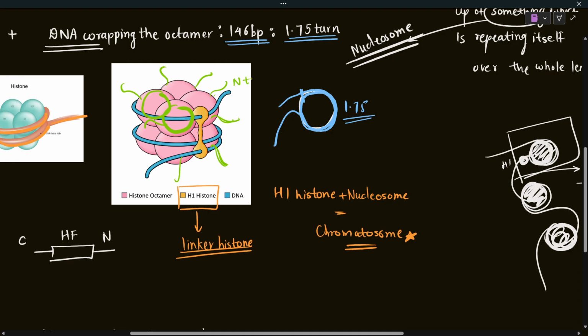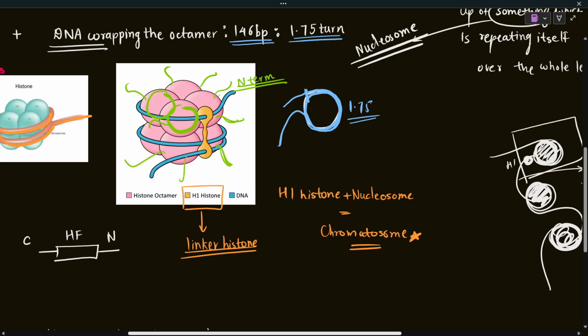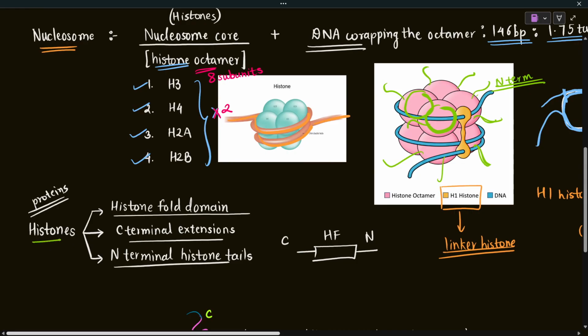These are very important because most post-translational modifications happen on histone tails. One happens in the histone core too; we'll discuss that in upcoming videos. So histones are made up of three domains: the centrally located histone fold domain, the C-terminal extension, and the N-terminal histone tails.